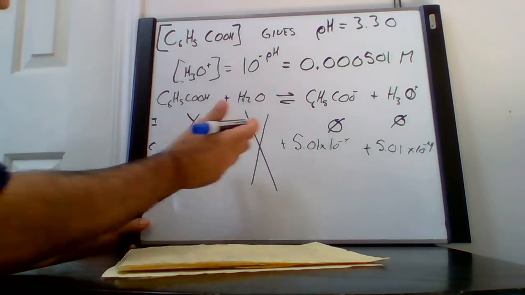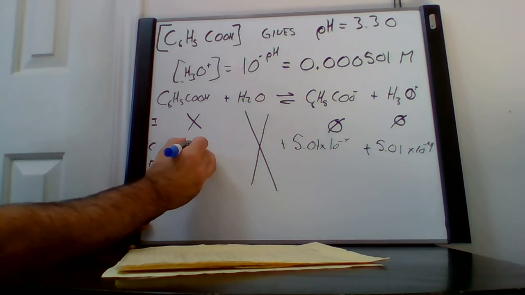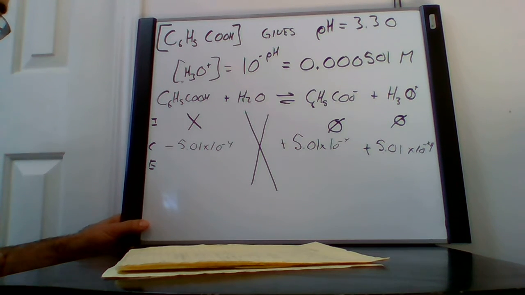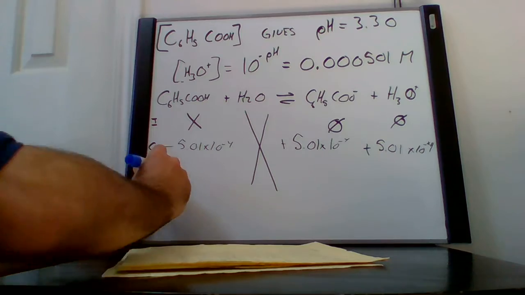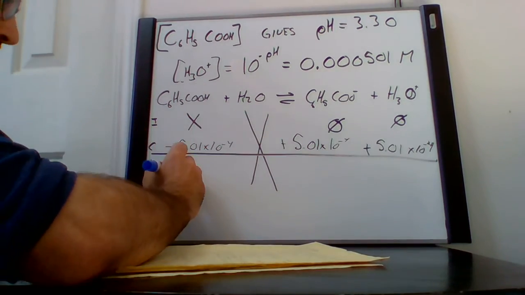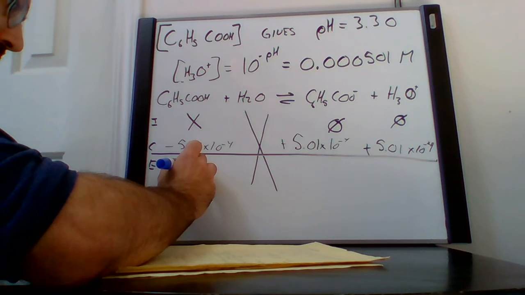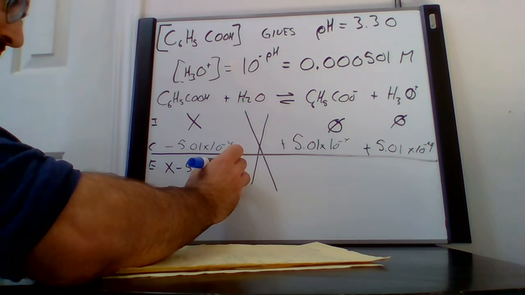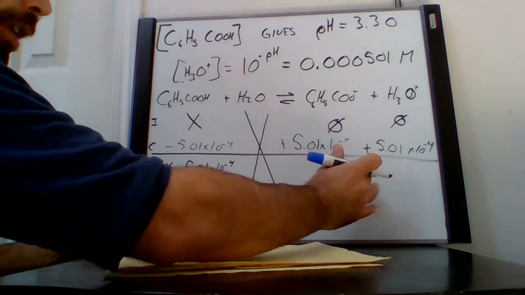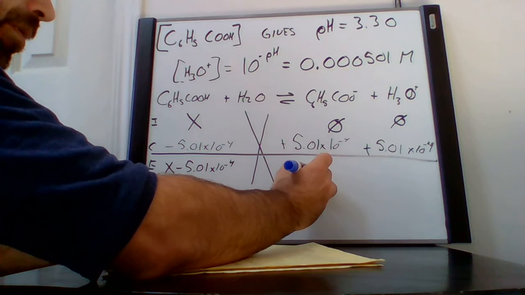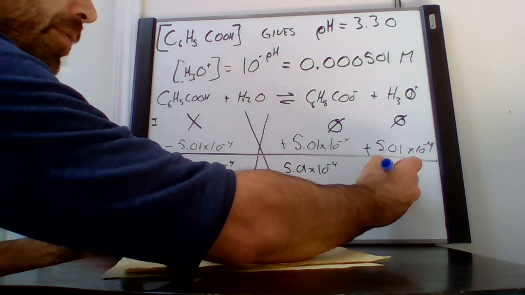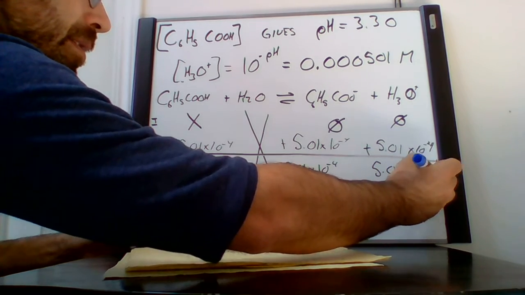Now if we're adding those, that means we are subtracting that value from over here. And so in equilibrium, our concentration of the acid is the x minus 5.01 times 10 to the negative 4. And then over here, they are that concentration that we determined, 5.01 times 10 to the negative 4.